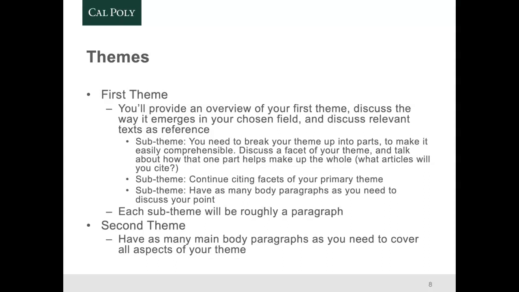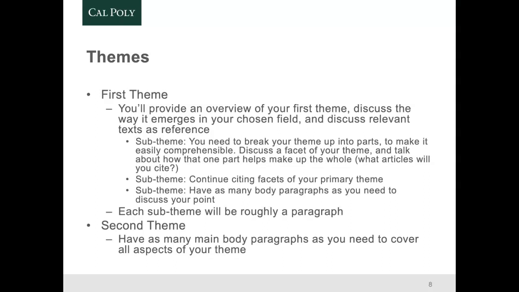Let's say, for example, the first theme is the effect of exercise interventions on glucose levels. So that's my main first theme. My sub-theme is maybe studies showing exercise interventions don't work. And then another sub-theme could be studies that show that they do work.